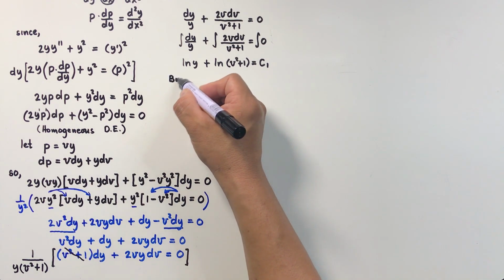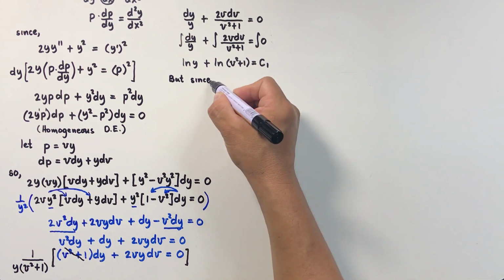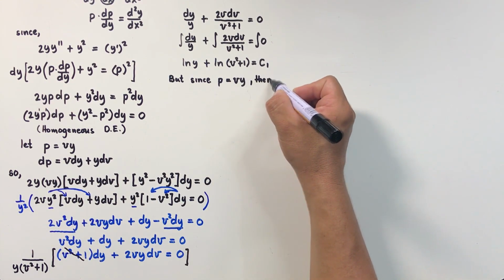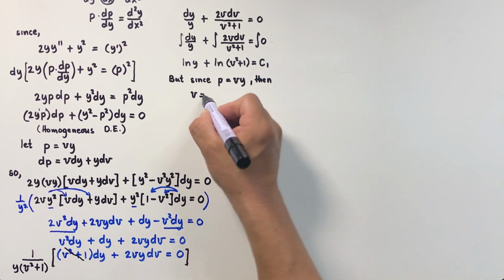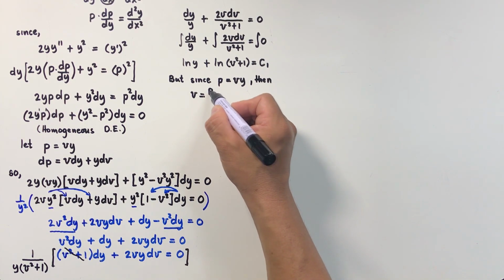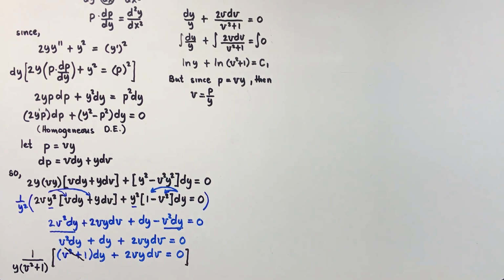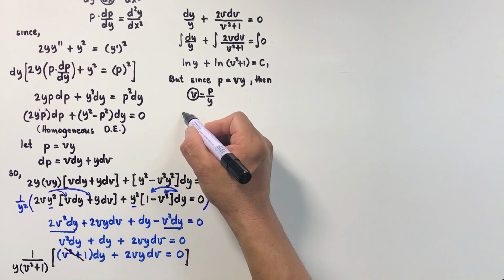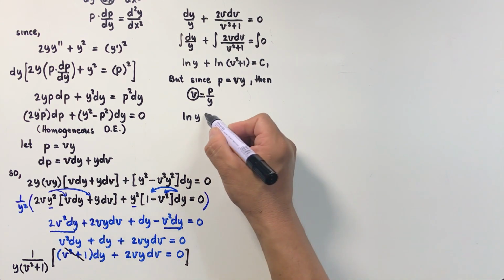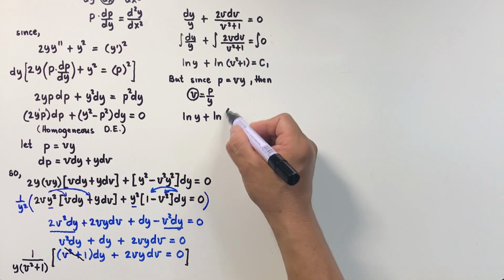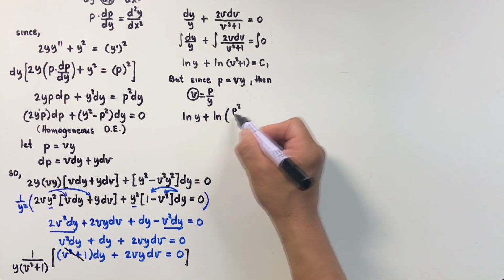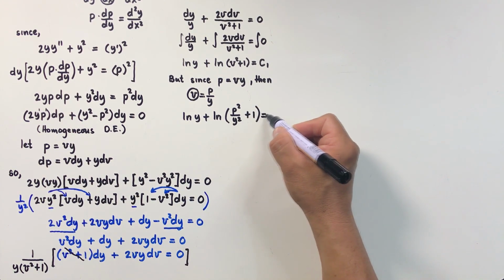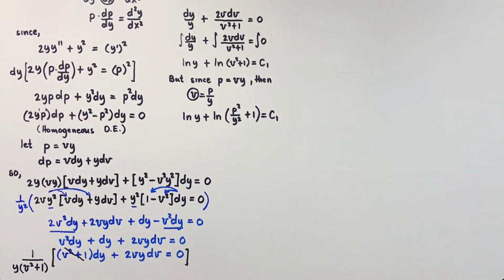But since p is equal to vy, then we can get our v by dividing both sides by y. So v is equal to p over y. So substituting this value of v into our transformed equation, we have ln y plus the natural log of v squared, which is p squared over y squared, plus 1, is equal to the constant of integration c sub 1.